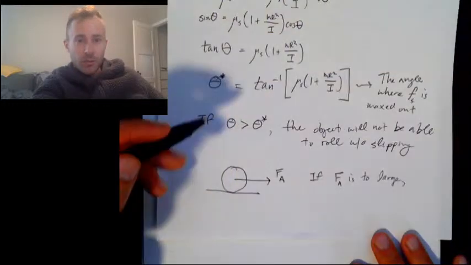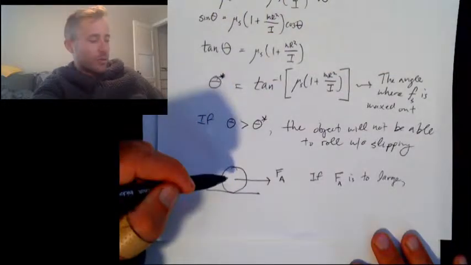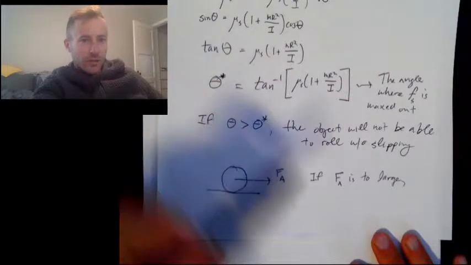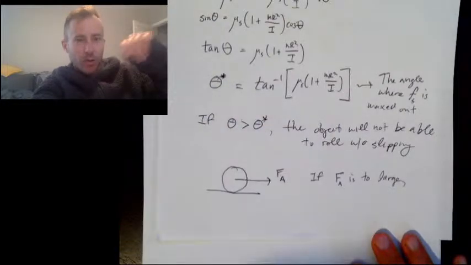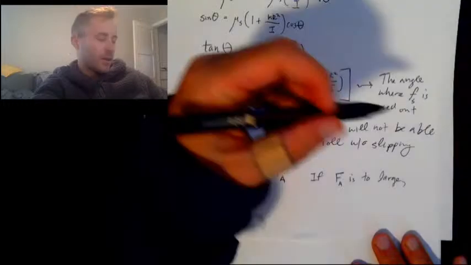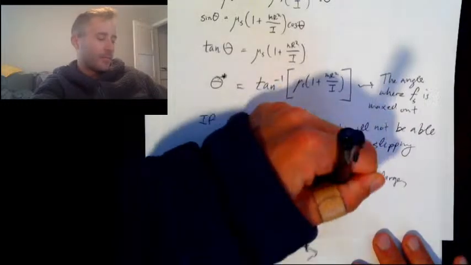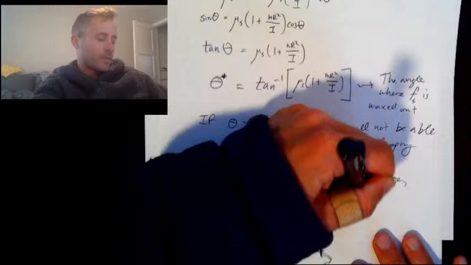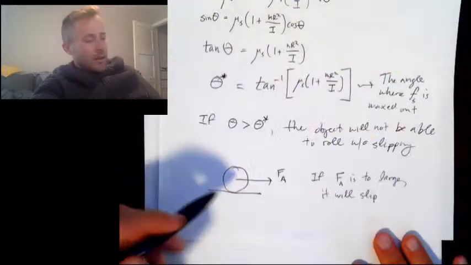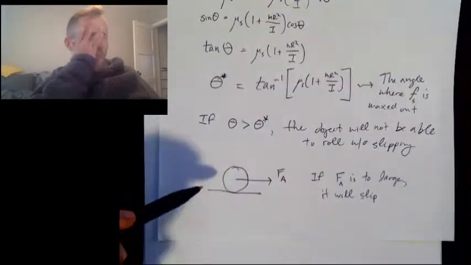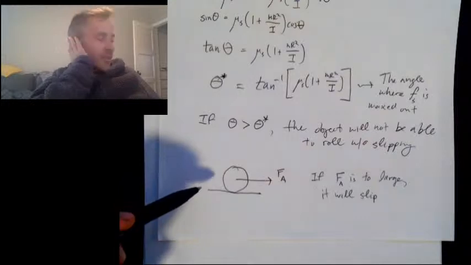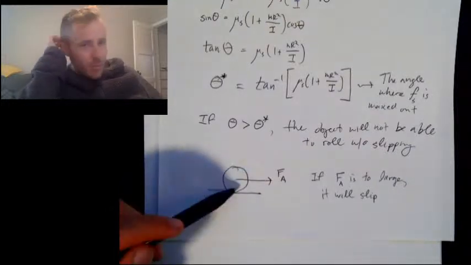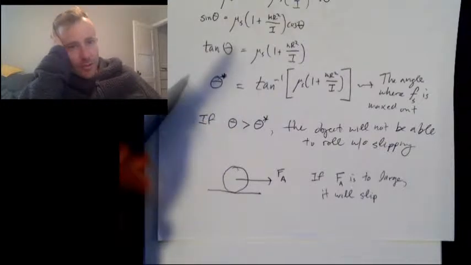It cannot roll because the acceleration is too great and static friction can't make the wheel rotate fast enough. Okay? So I can't remember in the homework if I had you do a problem like this or a problem like this. But this is the basic idea.